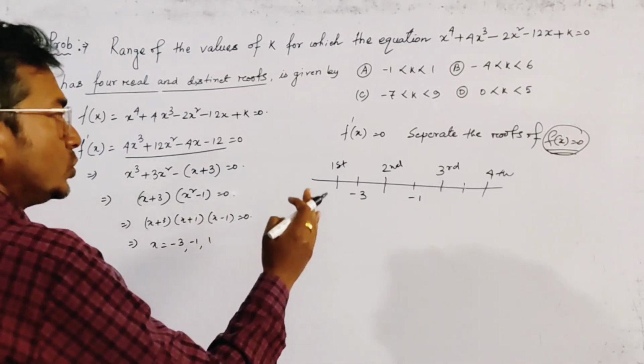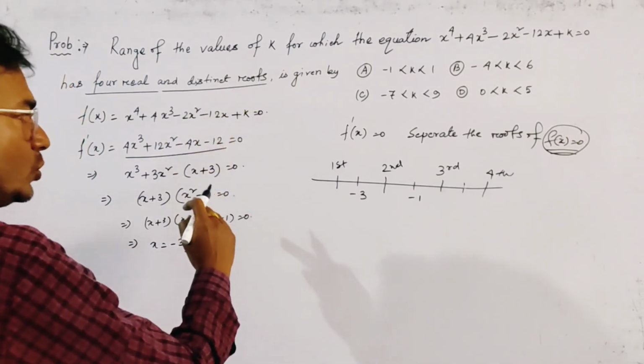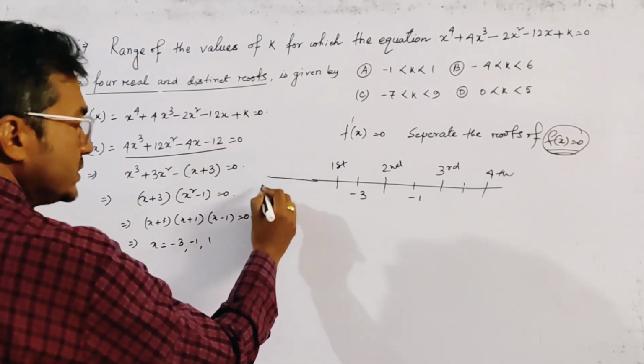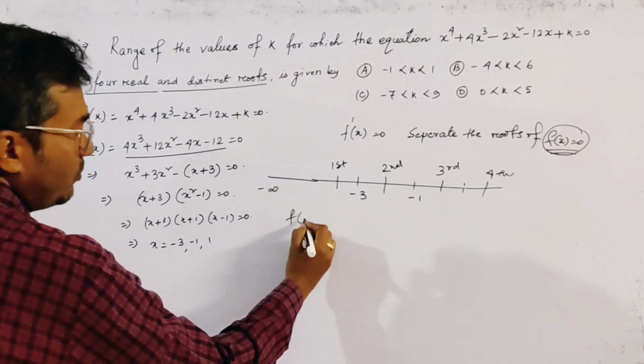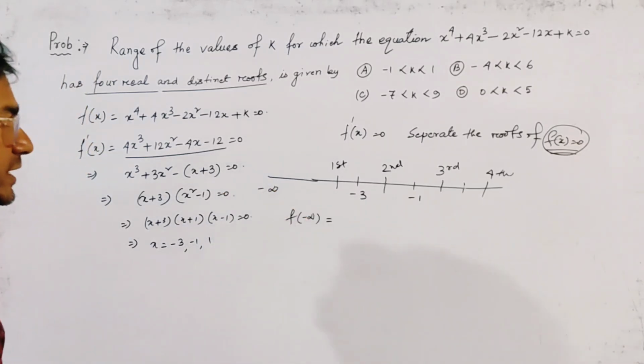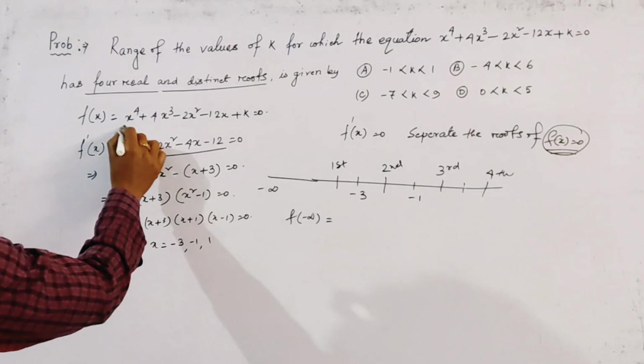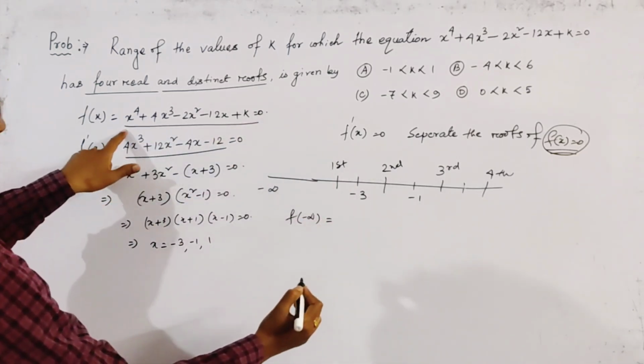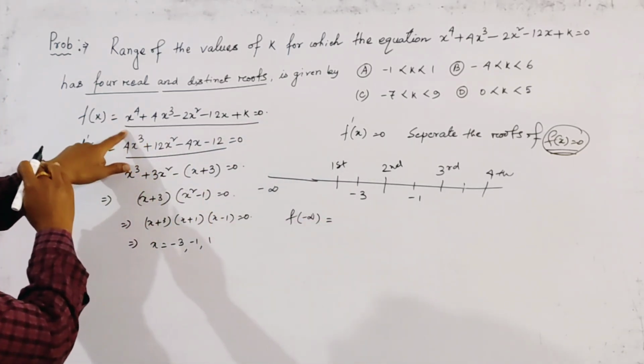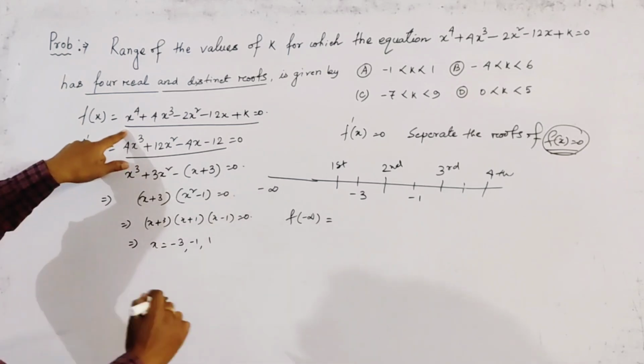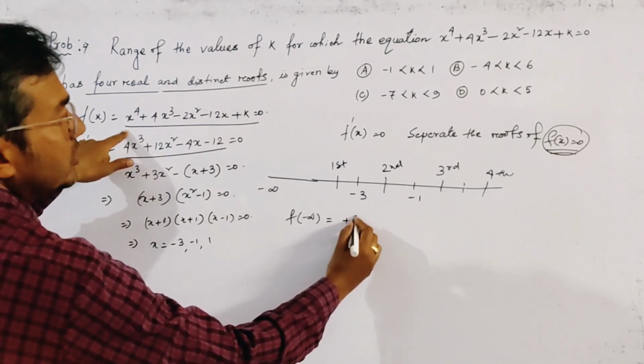Now to determine the range, we first find f(-infinity), and clearly f(-infinity) is infinity, because the greatest power of x is even, so this is positive.